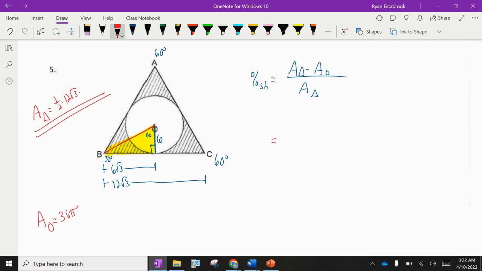I'm seeing for the triangle, 1/2 base of 12 root 3 times the height. The height would be this entire turquoise segment. What would that entire height be? Anybody know?